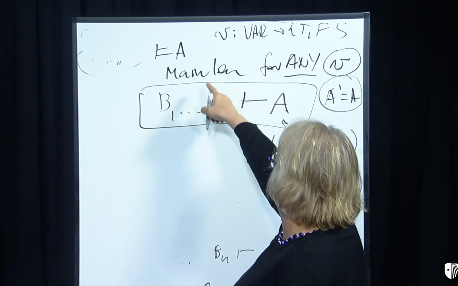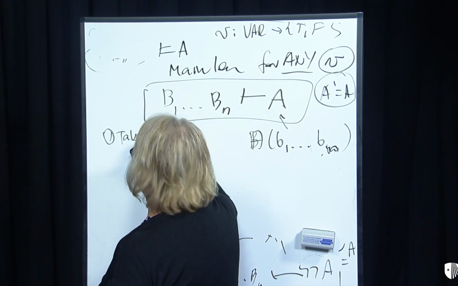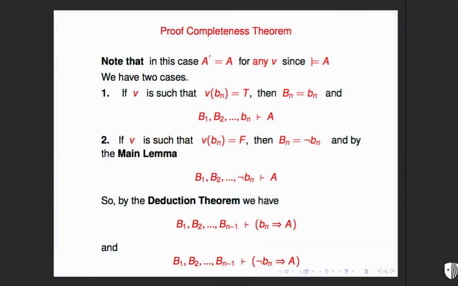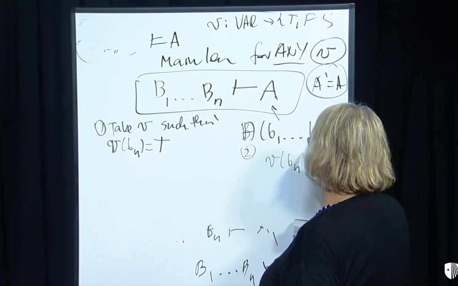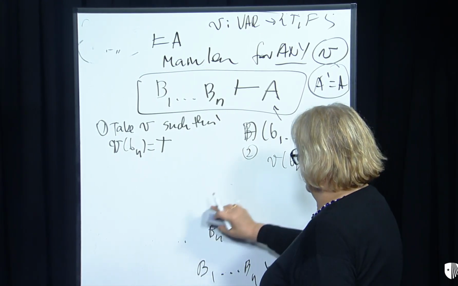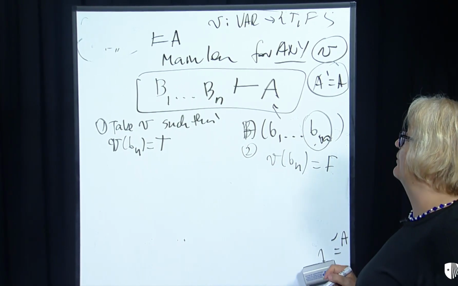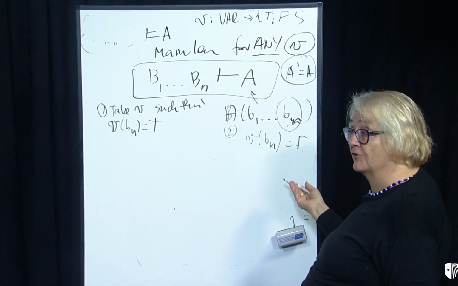Those big B's depend on V. So first, I take V such that Bn equals true, and another case, V of Bn equals false. So any variable assignment on a variable B in our formula A can be true or false.